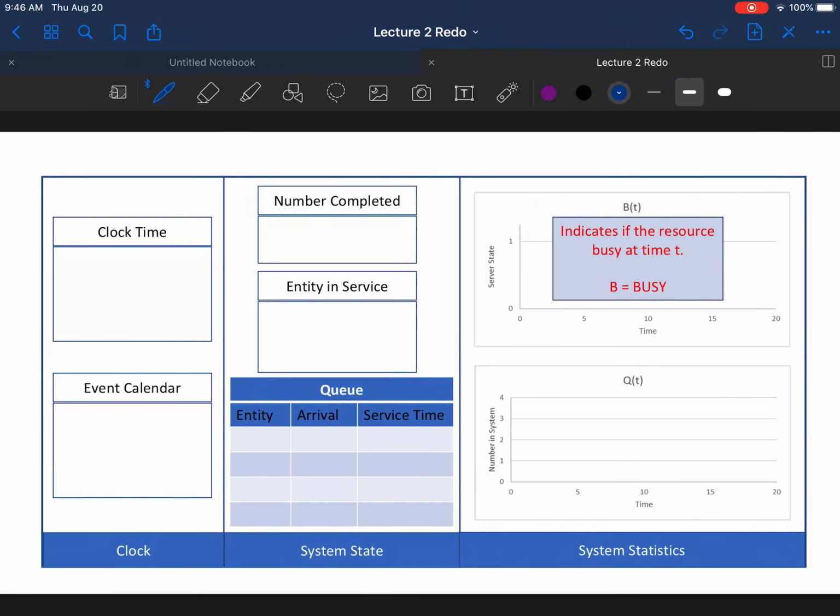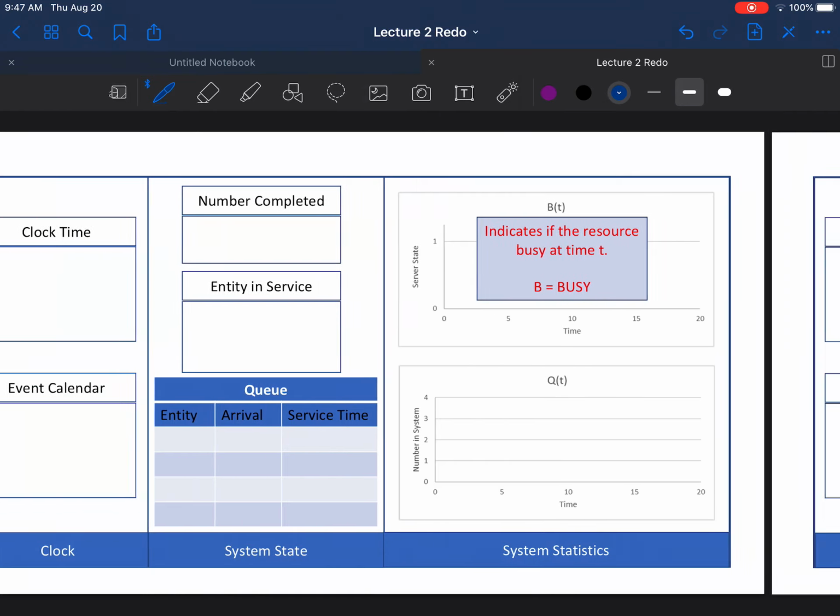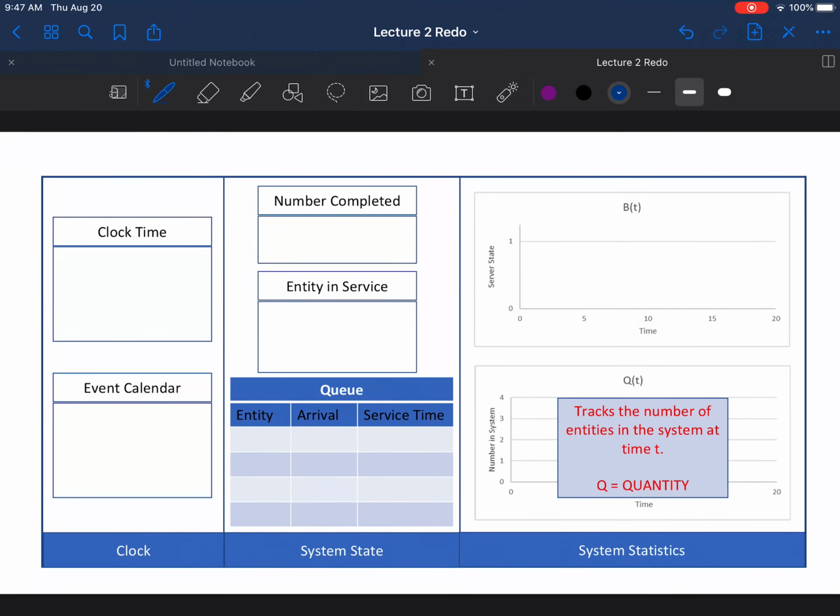Over here we have the system statistics. We have B of T. That's a 1-0 variable that indicates whether or not the resource, the drill press in this case, is busy at time T. So that's going to be a step function, either stepping up to 1 or stepping down to 0. And Q of T is going to track the number of entities in the system at time T. Q here is quantity, so it's the total number, so it will include the entity in service plus the length of the queue.